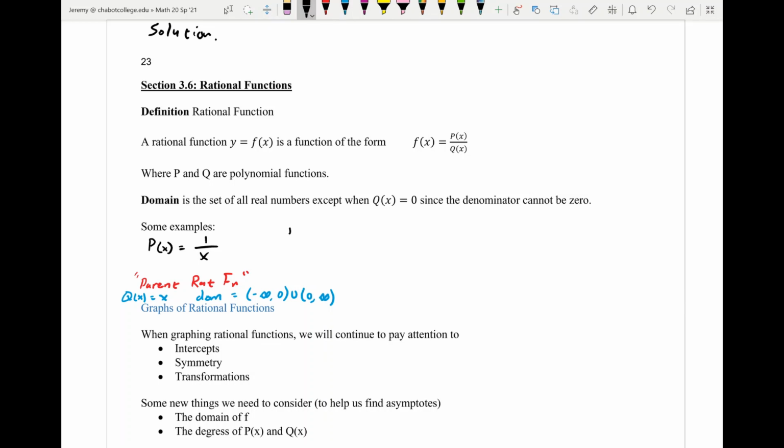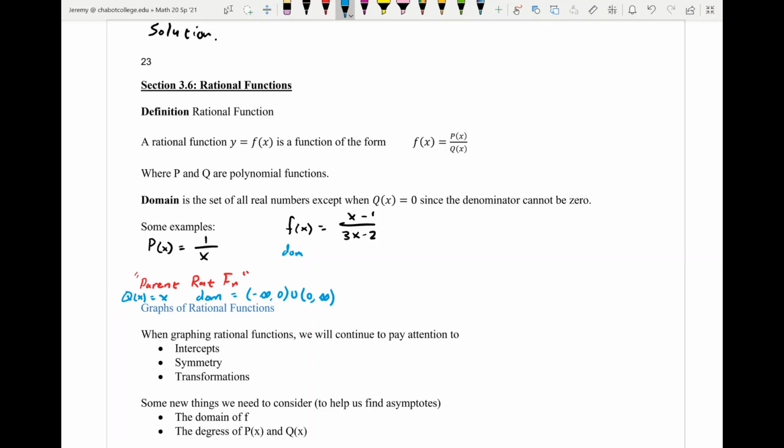Another example, we'll call this f of x, could be something like this. Another rational function. The numerator and denominator here are both linear. And the domain of this one, we could get by, generally, setting the denominator equal to 0 and solving.